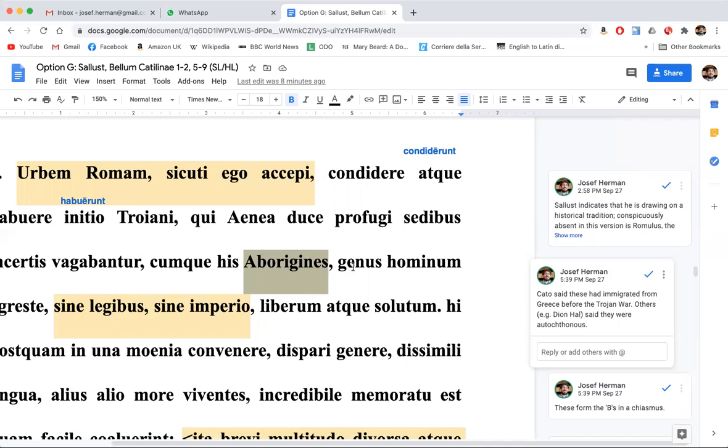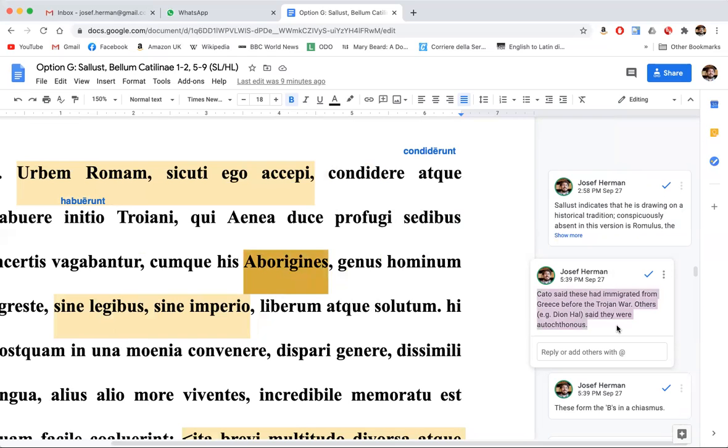And different historians had different views on the origins of these aborigines, right? Cato, in his book Origines, he said that these natives were actually themselves earlier immigrants from Greece, right?